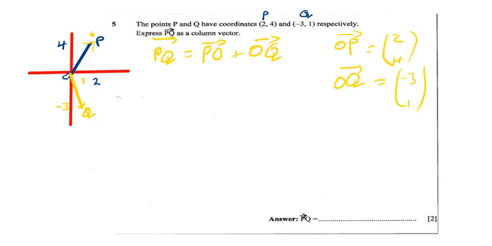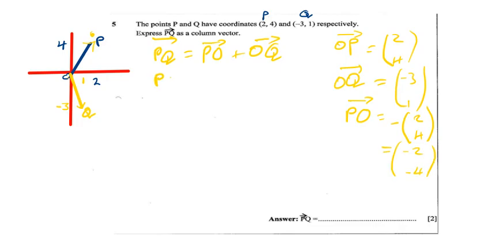PO is just the opposite of OP. Since this is positive, the opposite will be negative. So it will be negative 2, 4, and this negative can multiply inside, so it will be negative 2, negative 4.